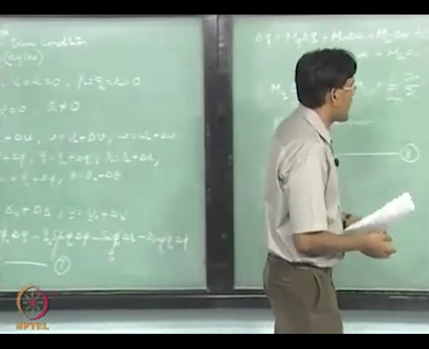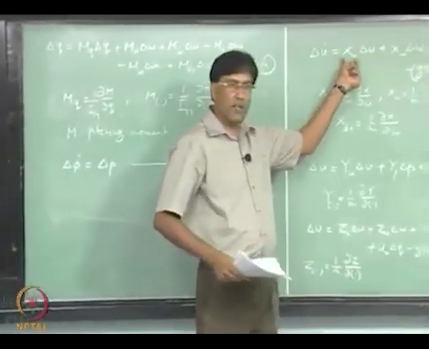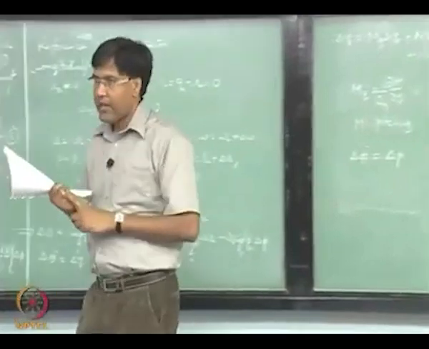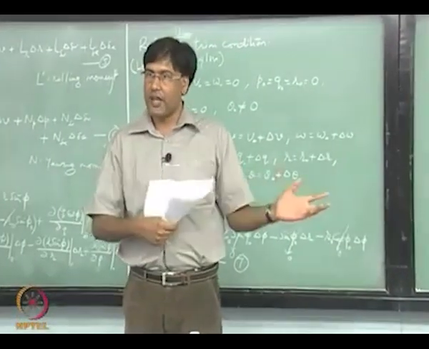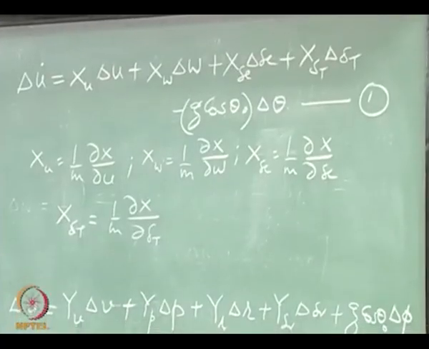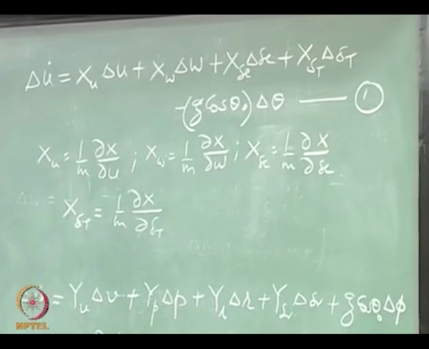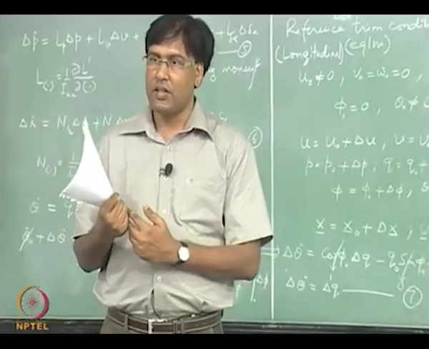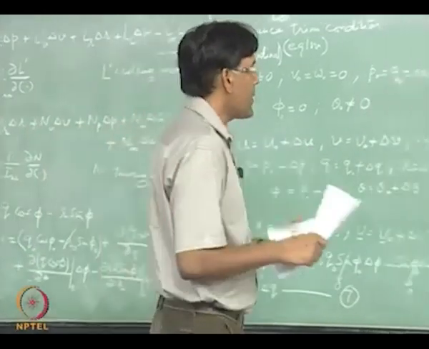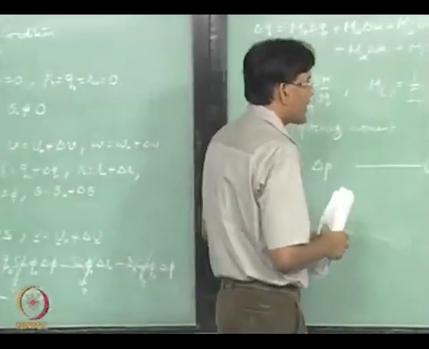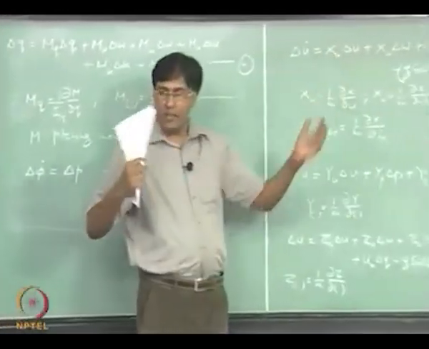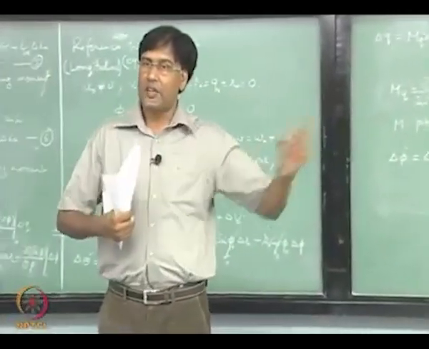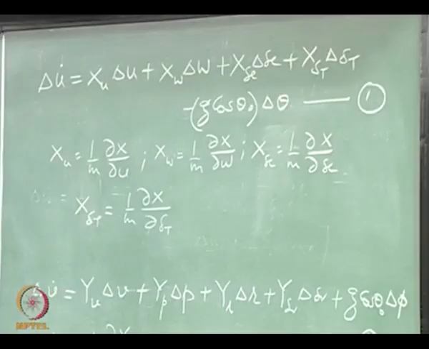Now let us start looking at some of these derivatives. See, what we are interested in finding out is how the dynamics of aircraft is getting affected because of the change in aerodynamic forces. So we get some idea about how we are going to design our aircraft so that we can control these derivatives, isn't it.